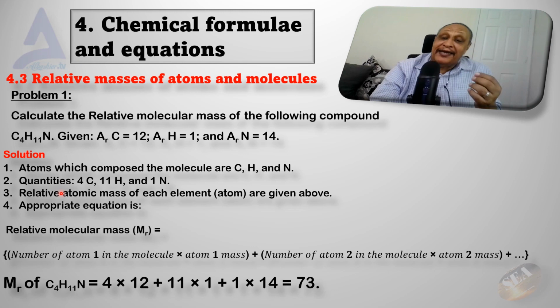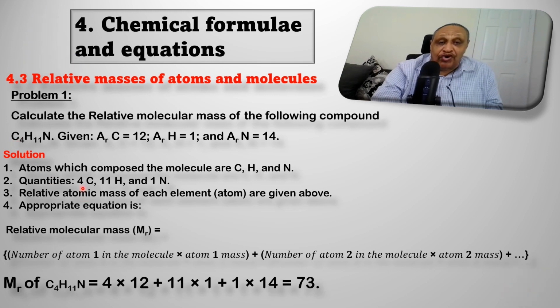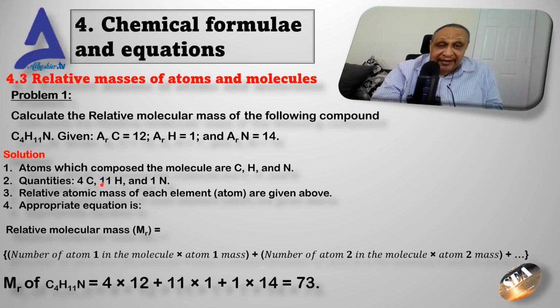We would like to know how many of each atom is present in the molecule. Here we have C4, so we have 4 carbon atoms, H11, which is 11 hydrogen atoms, and only N, that means 1 nitrogen.